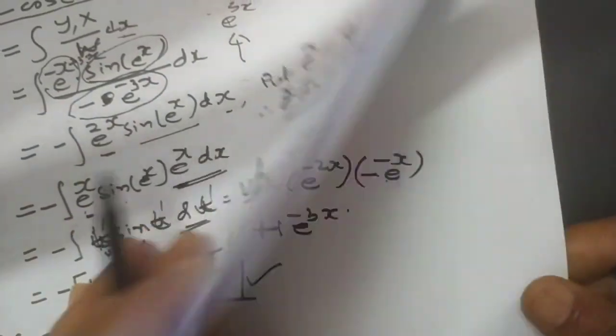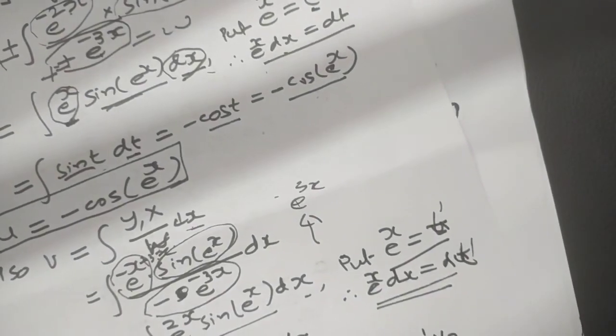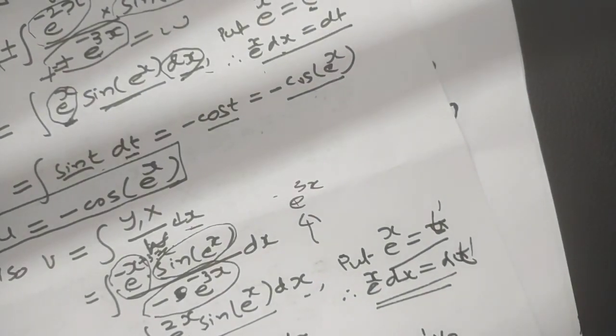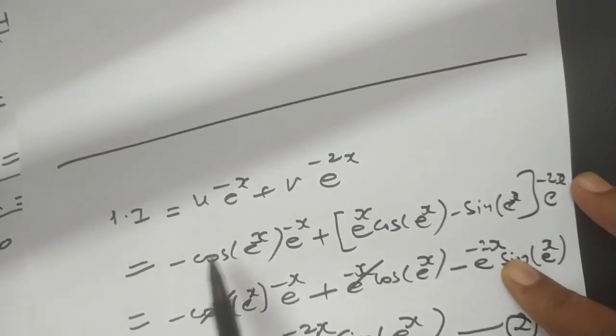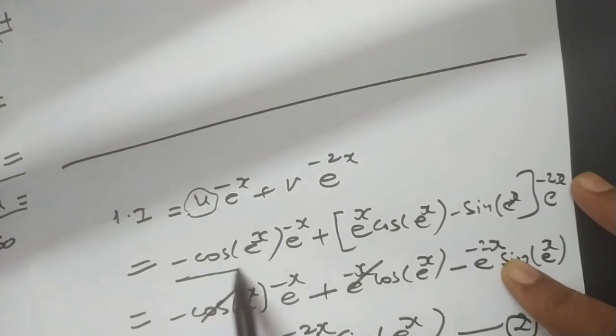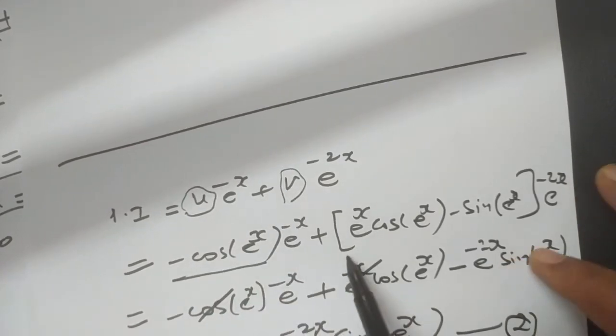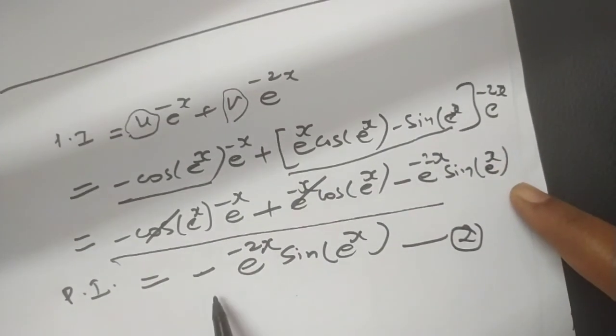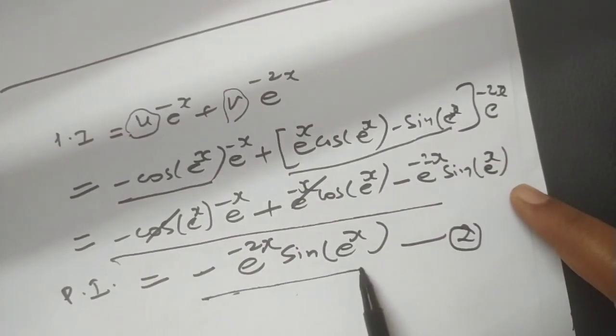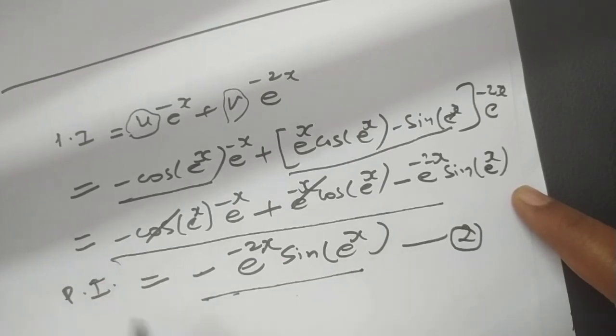And finally, putting these values of u and v in the particular integral, we have calculated u, and v, and simplifying this, you get minus e raised to minus 2x sine of e raised to x as the particular integral.